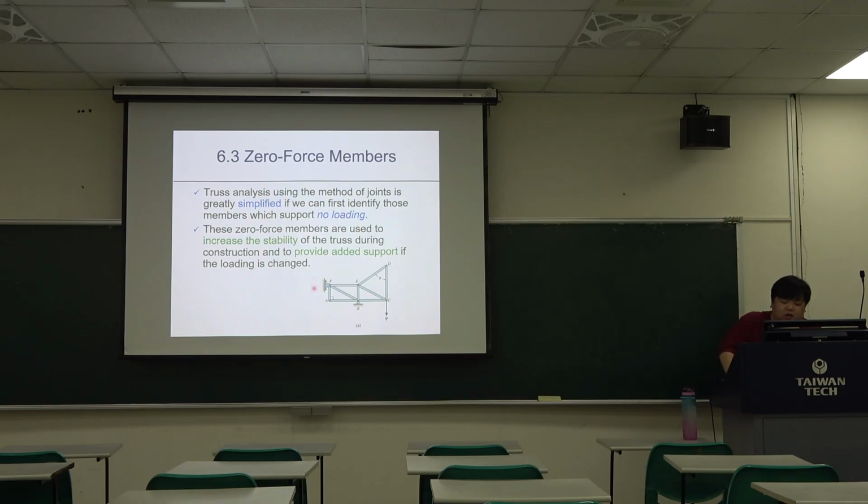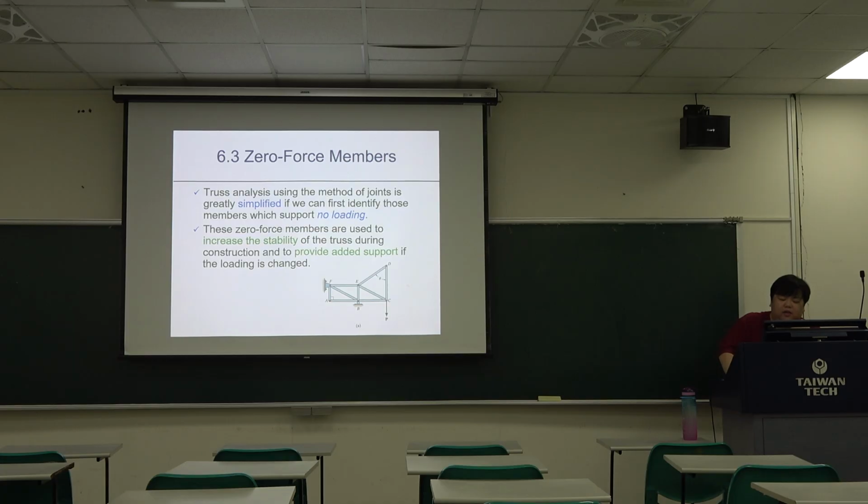Like in this system, if we know that AF, AB, ED, and DC have no force, we just calculate the B, F, E, C part. We just calculate these five members, if we know these four forces are equal to 0.